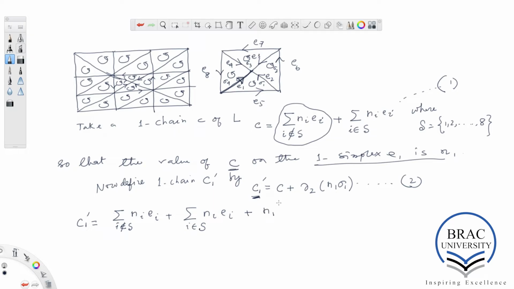Okay, now I have to read del 2 sigma 1, right? What is del 2 sigma 1? Read out the boundary of this 2 simplex from this, and you'll get N1 times E5 plus E2 minus E1.